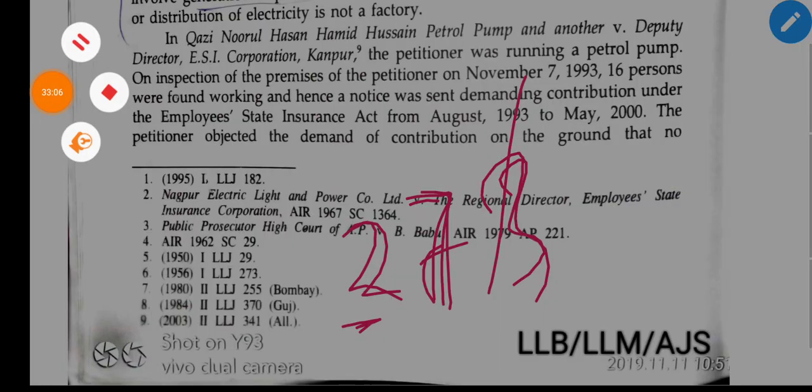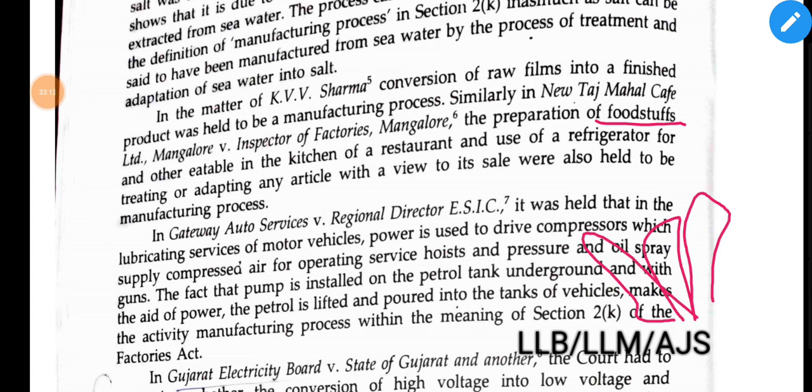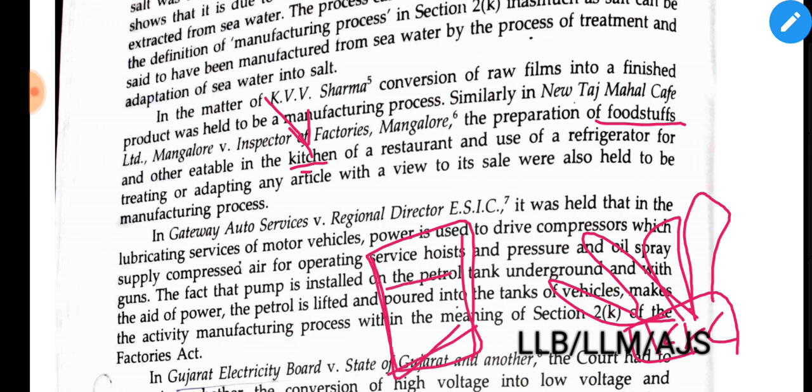In this case, preparation of foodstuff and other eatables in the kitchen of a restaurant, and use of a refrigerator for treating or adapting any article with a view to its sale, were also held to be a manufacturing process.